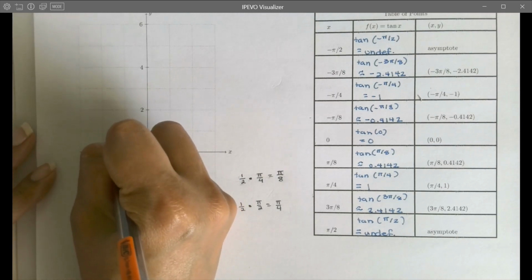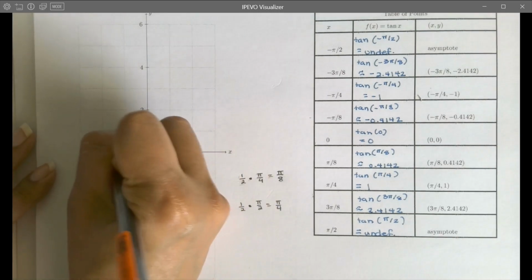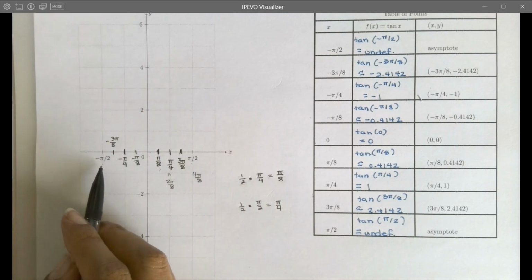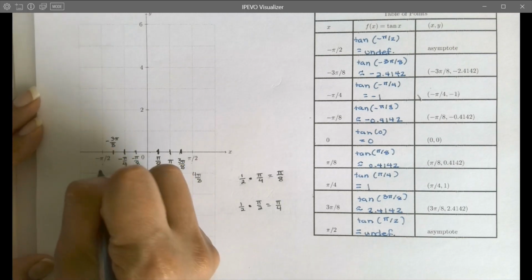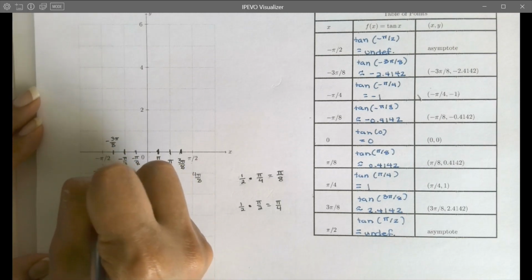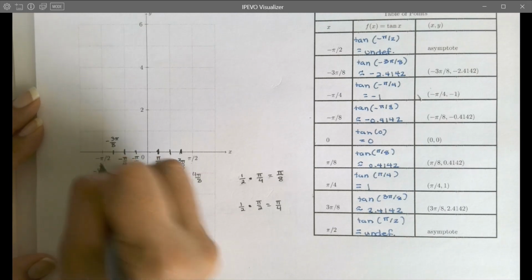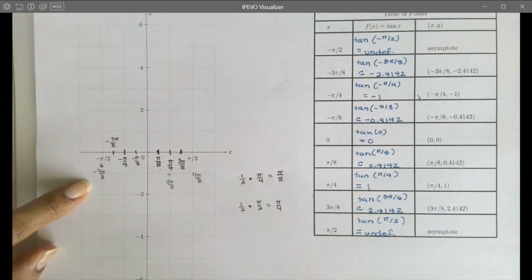Halfway would be negative 3 pi over 8, which I'll go ahead and draw up here so that it doesn't interfere with the next labeled tick mark. And then the last one would have to be negative 4 pi over 8, which, if you notice, agrees because when you reduce, it gives you negative pi over 2.